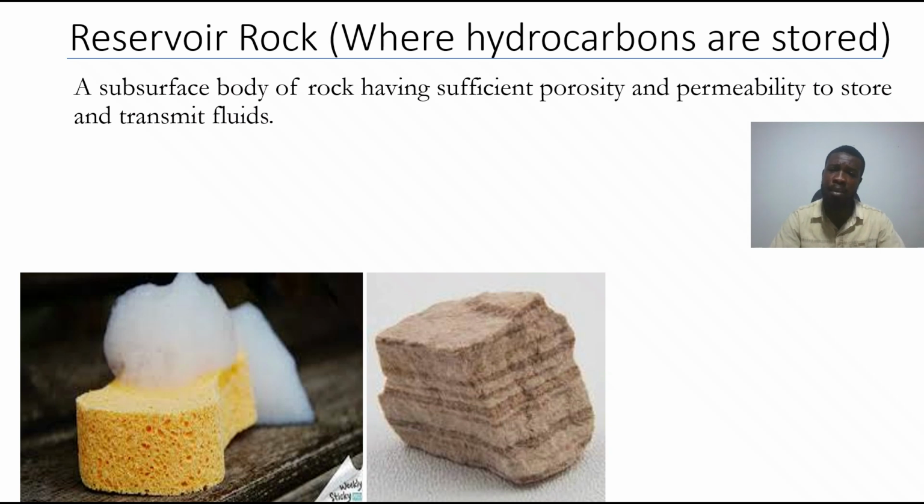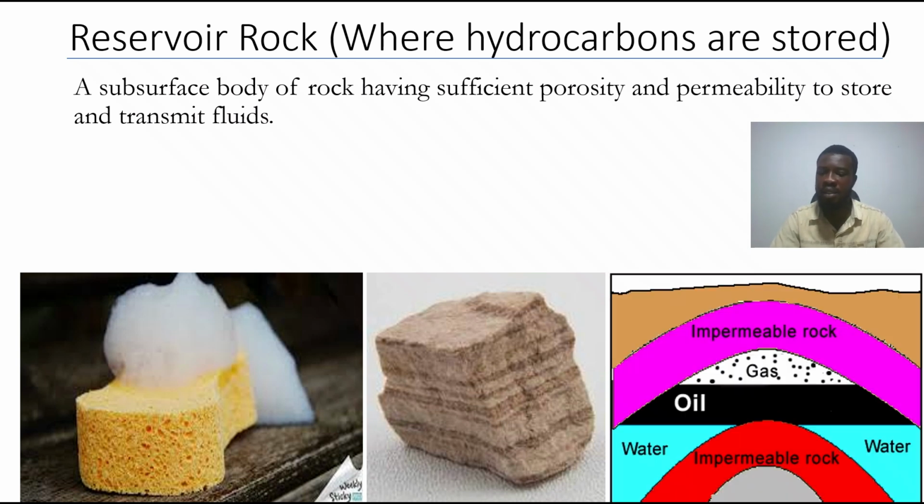A typical example is a sandstone. Sandstones have sufficient porosity and permeability that allows them to store fluids and also allow transmission of these fluids. Common rocks that make very good reservoir rock, we've already mentioned one, that is a sandstone.